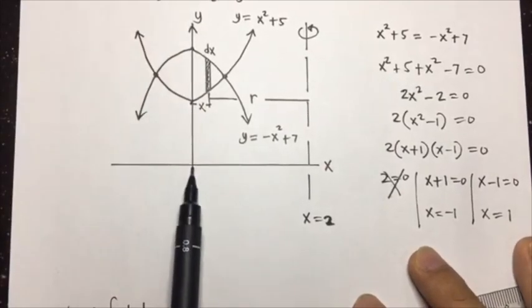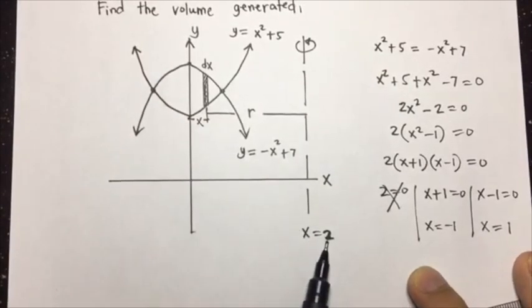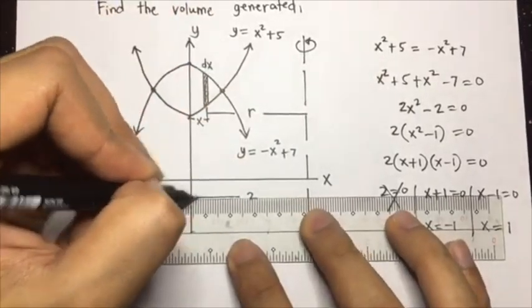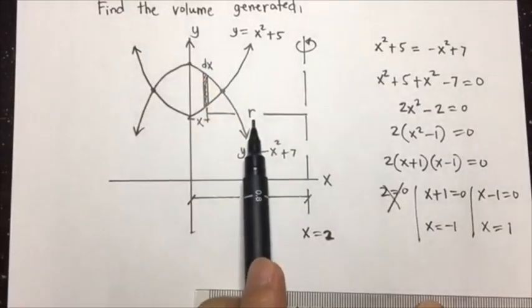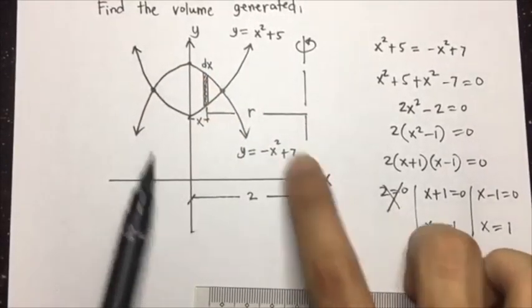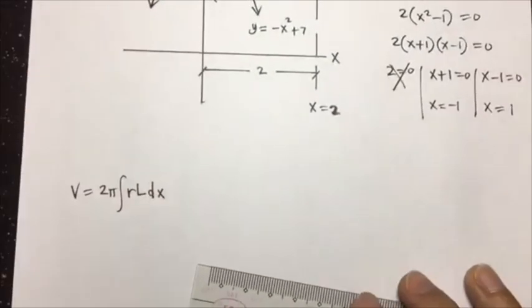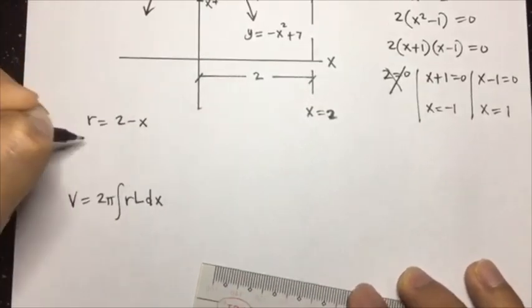And then from the y-axis until the line x is equal to 2, the distance is 2, right? So this distance here is 2. Therefore the length of R is equal to 2 minus x.